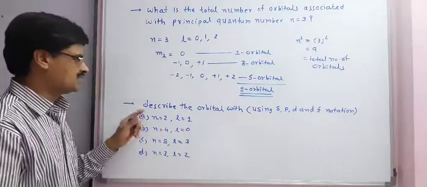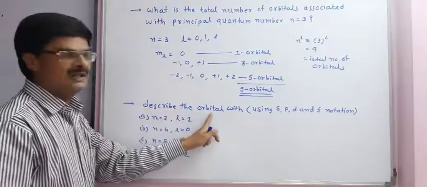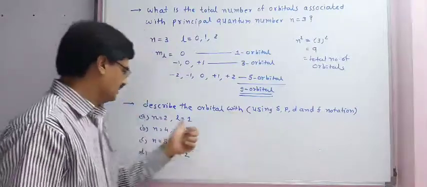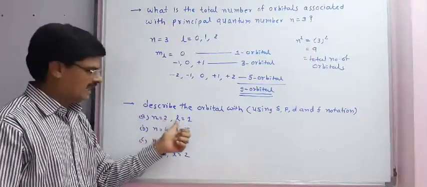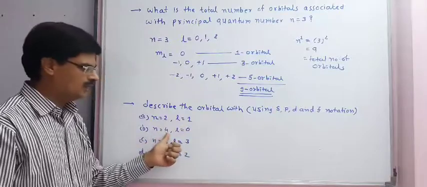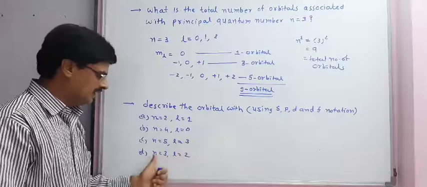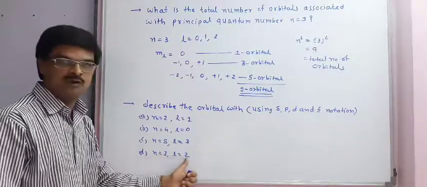Now in the next question, describe the orbital using spdf notations with n value 2, L value 1; n value 4, L equal to 0; n equal to 5, L equal to 3; n equal to 3, L equal to 2.